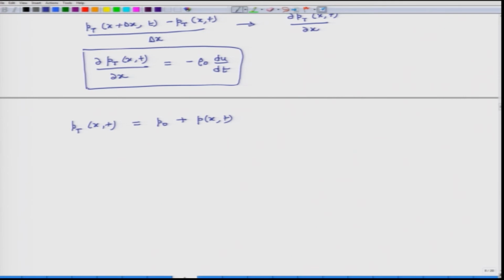So, I can say that partial of p_t with respect to x is same as partial of p with respect to x, because P naught is a constant. So, if I plug this back into this guy, what I get is partial of p, and p is a function of x and time, is equal to minus rho naught du over dt.